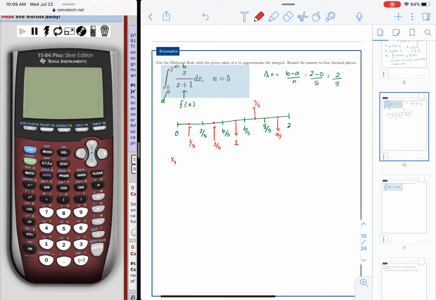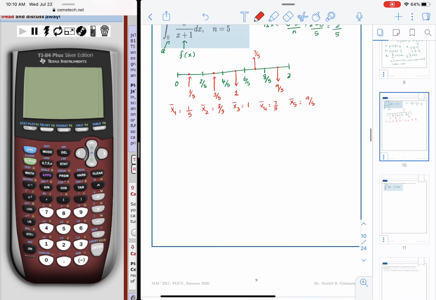So x1 bar is 1 over 5. x2 bar is 3 over 5. x3 bar is 1. x4 bar is 7 over 5, and x5 bar is 9 over 5. So what does the rule state?